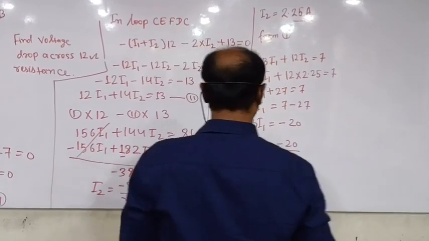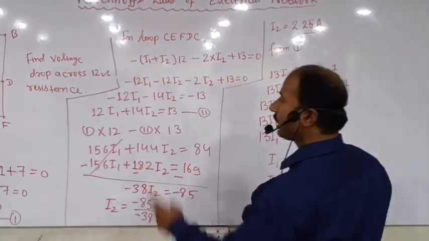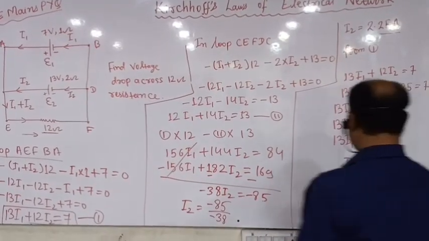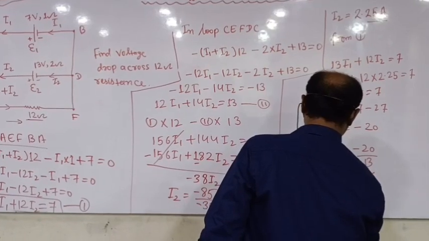So we have calculated both values, I1 and I2. Then we calculate the effective value of current, I, which is equal to I1 plus I2.